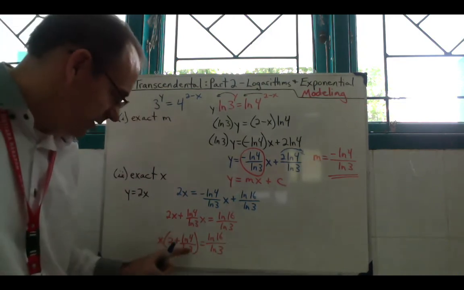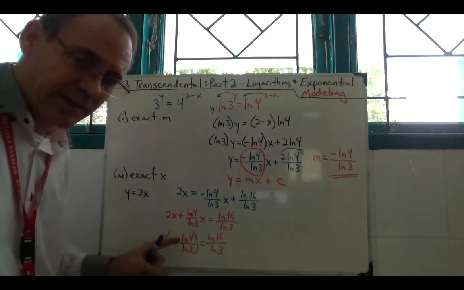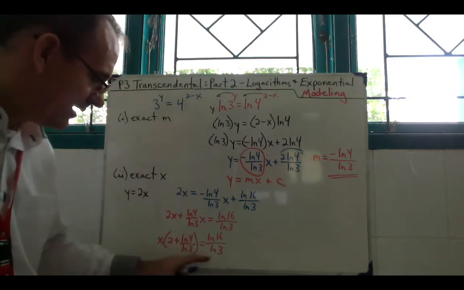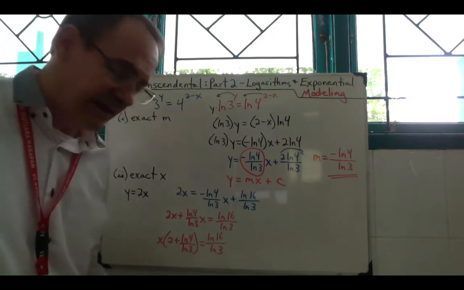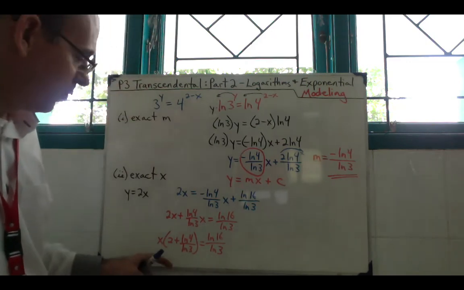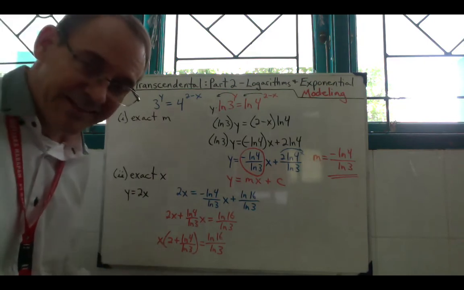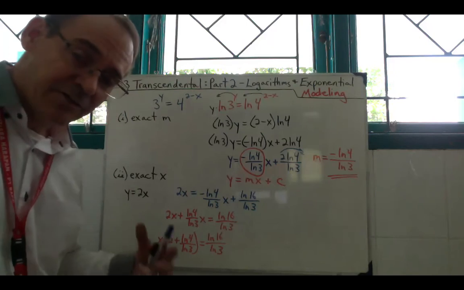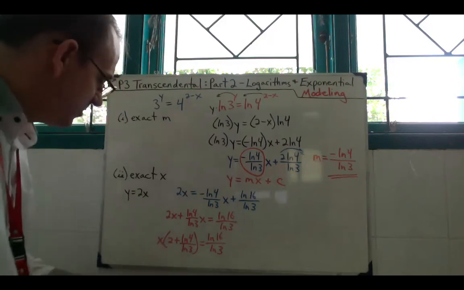It might be easier if we get a common denominator before we divide. If we divide it the way it is, it's going to be a complex fraction with this addition in the denominator, and it's going to look kind of ugly. So let's get a common denominator first.